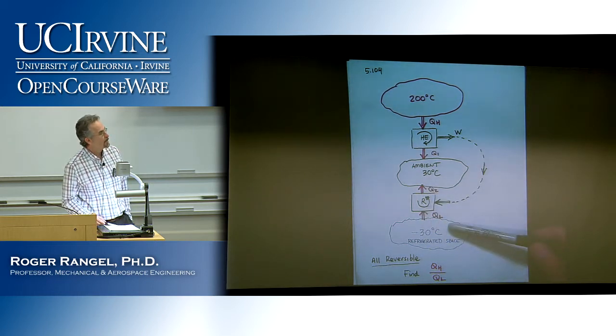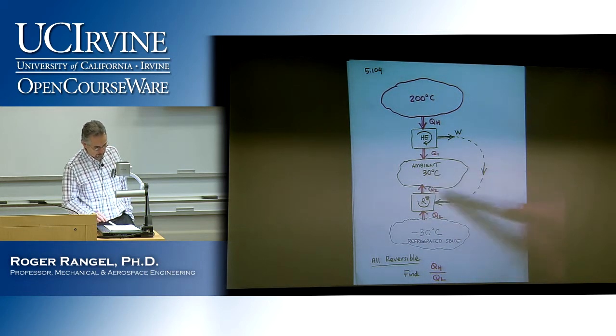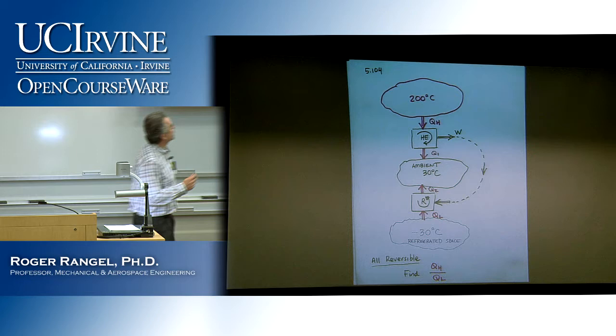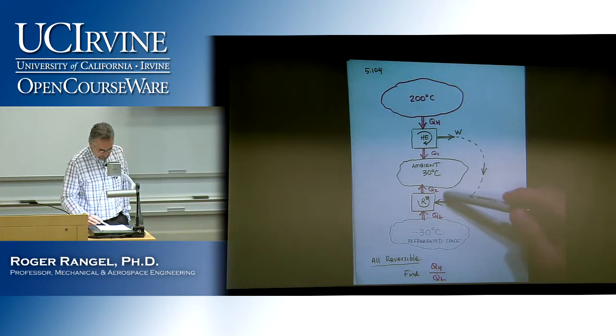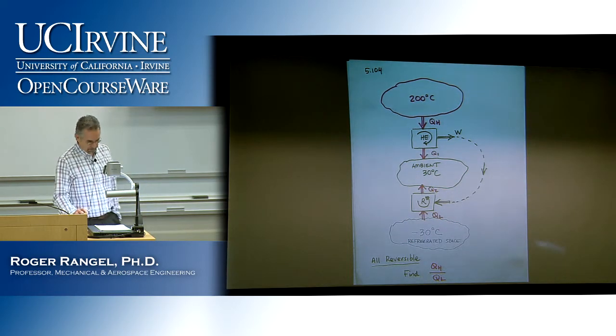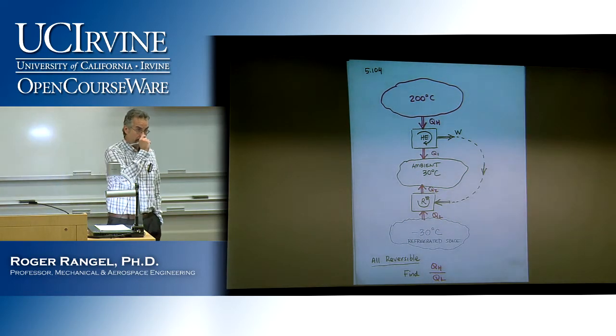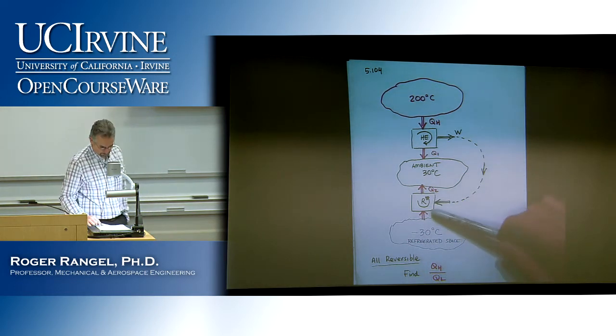I'm going to call that Q sub L. And it's going to dump heat into some ambient reservoir that is at 30 Celsius. All right? And I call that heat that I'm dumping in there Q sub 2, because I have other heat, so I don't want to call it Q sub H. But it's a Q sub H for this refrigeration cycle anyways.